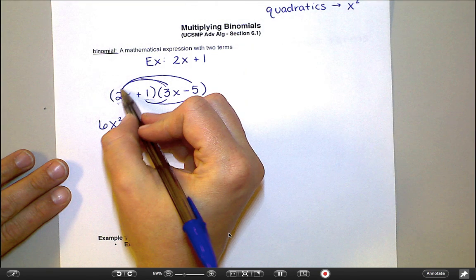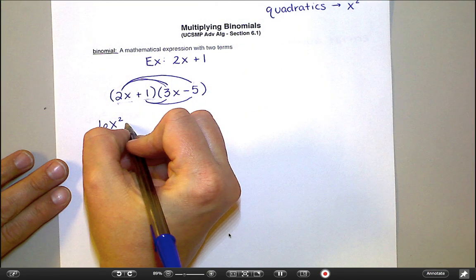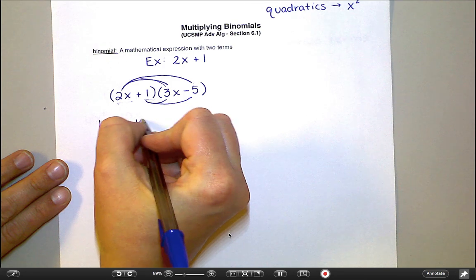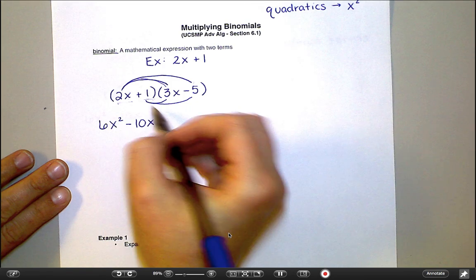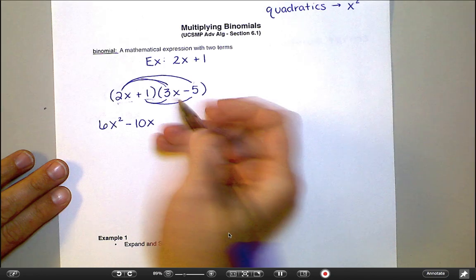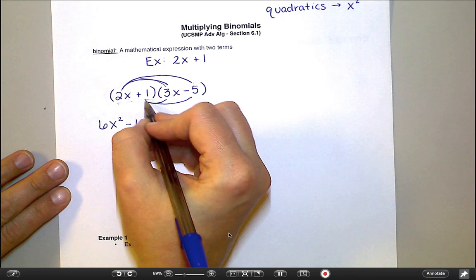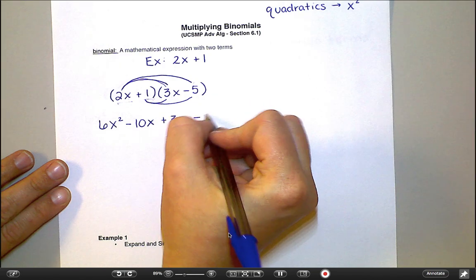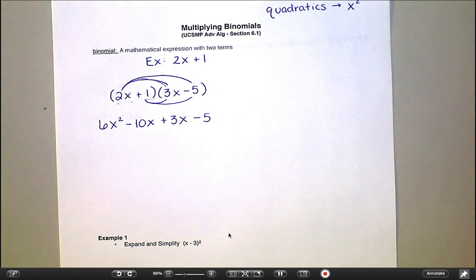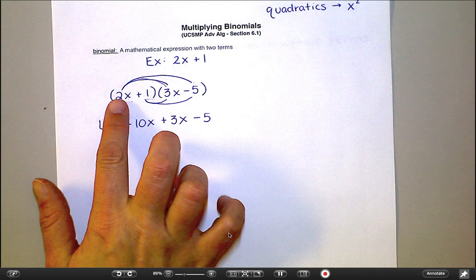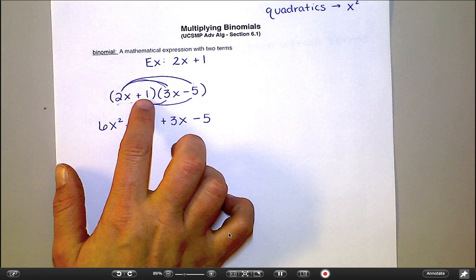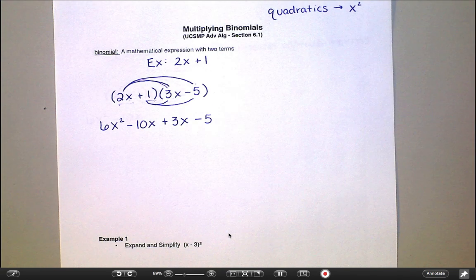And then 2x times negative 5 gives me negative 10x. 1 times 3x is 3x. And 1 times negative 5 is negative 5. Okay? So that's what happens when you multiply binomials together. You multiply the 2x by both of these, and you multiply the 1 by both of these, and you end up with these 4 pieces.